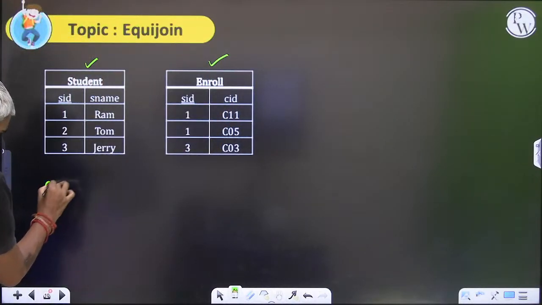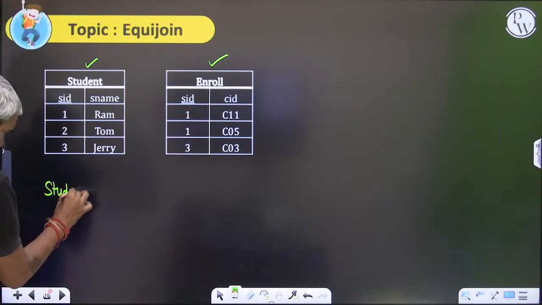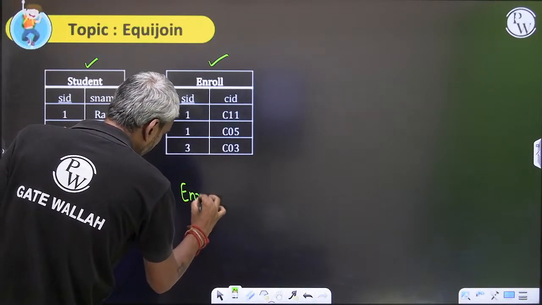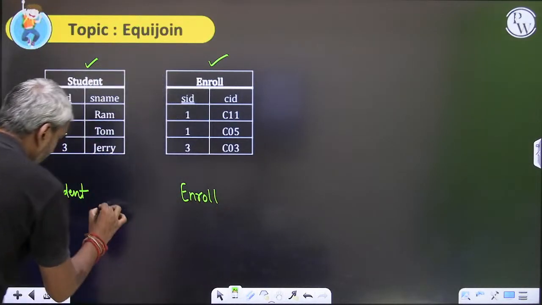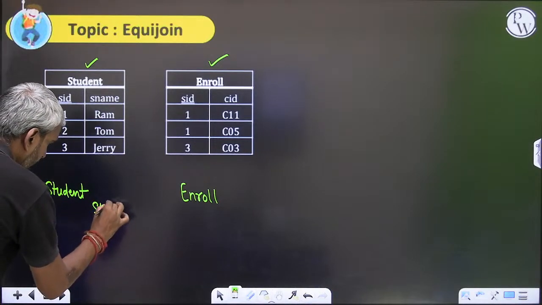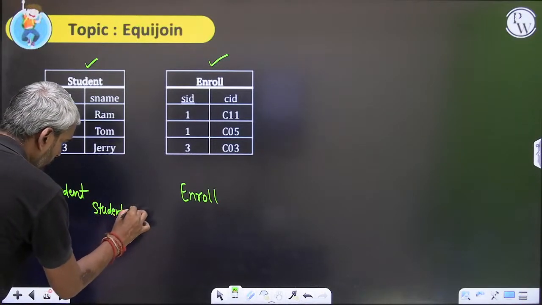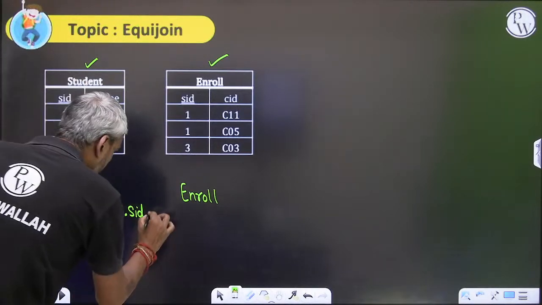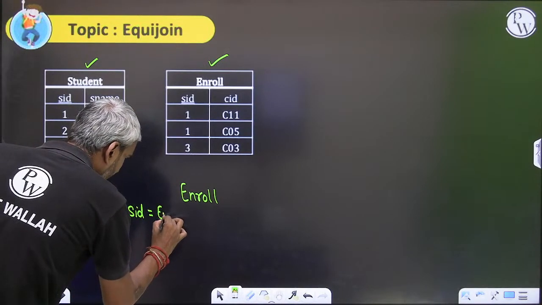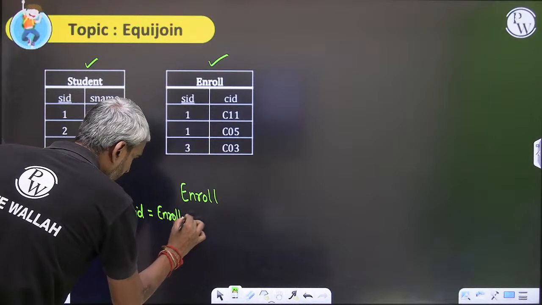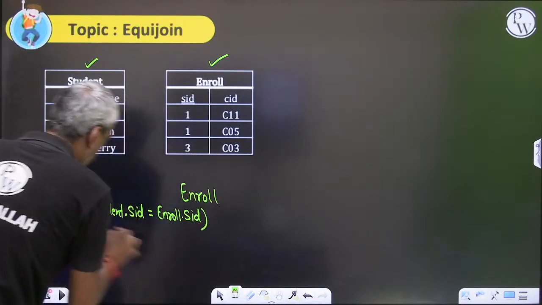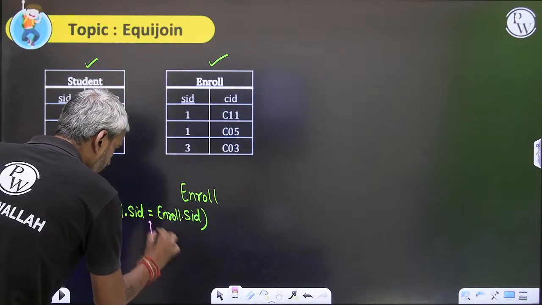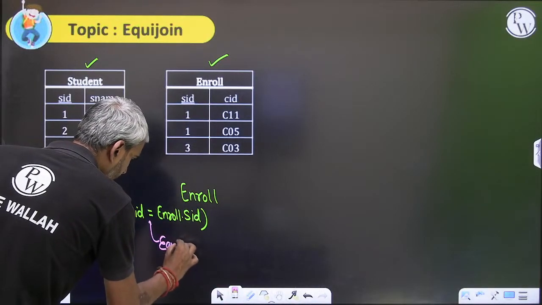If I perform the operation student joined with enroll, such that there is only one common attribute, SID, and this attribute SID is equal to the attribute SID in the enroll table, again it is an equi-join because of the equality condition.